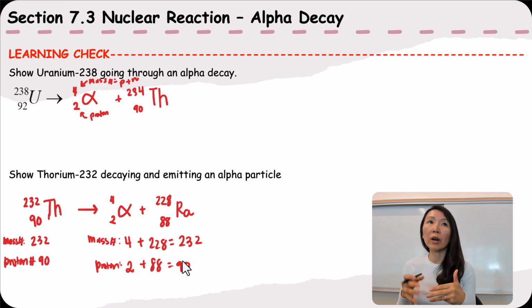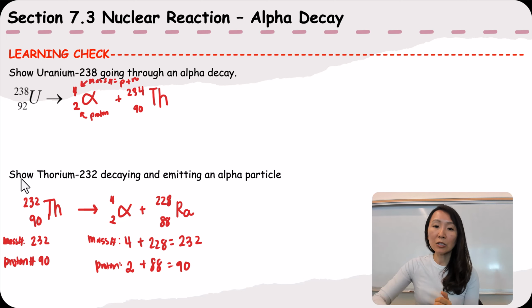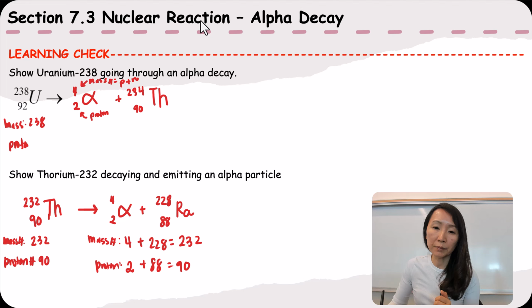It means that whatever you lost plus what it formed into together will become what it came from, which was the thorium. That applies to the uranium too. Uranium, the mass number here is 238, and the proton number is 92.